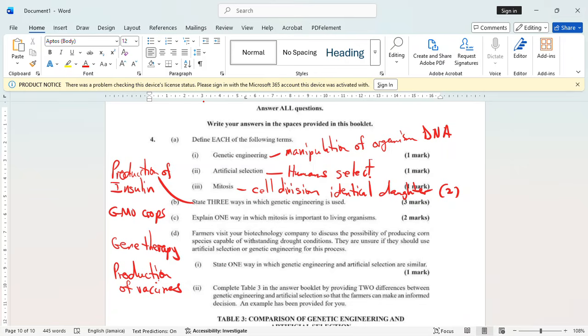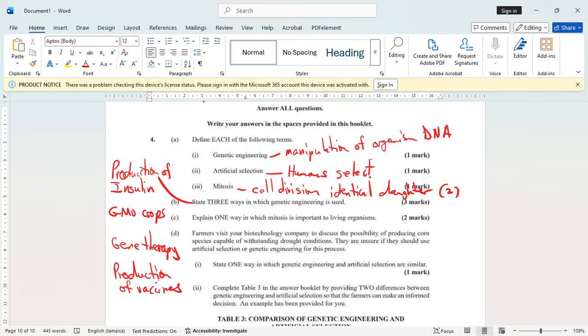So the bacteria is helpful in that way, that when they create the insulin, we take it and inject it into those individuals. Some persons are not able to produce it naturally for whatever reason.